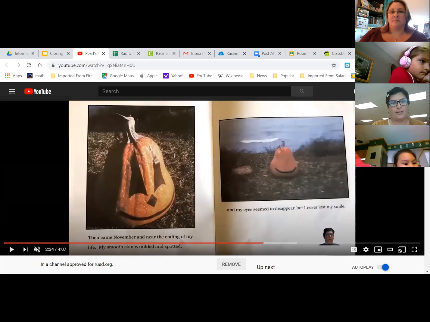Now, if you look really closely, you can see one of Pearl's sticky eyes is peeling off. But it may be hard to see on there, but thank you, Mrs. Raditz. Then came November, and near the ending of my life, my smooth skin wrinkled and spotted, and my eyes seemed to disappear, but I never lost my smile.